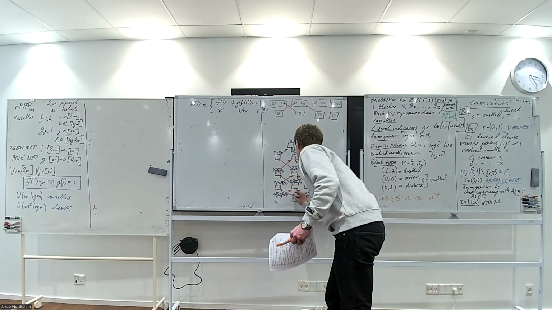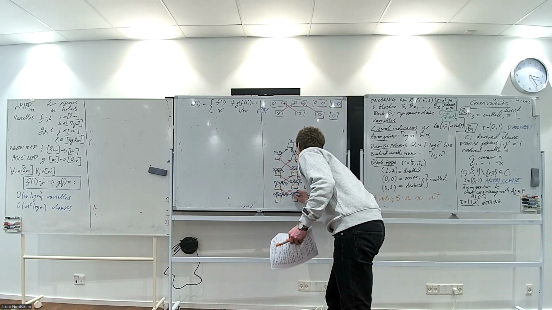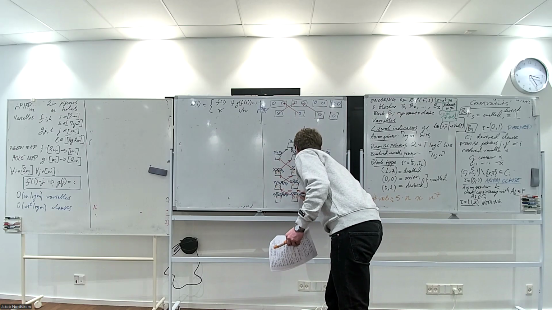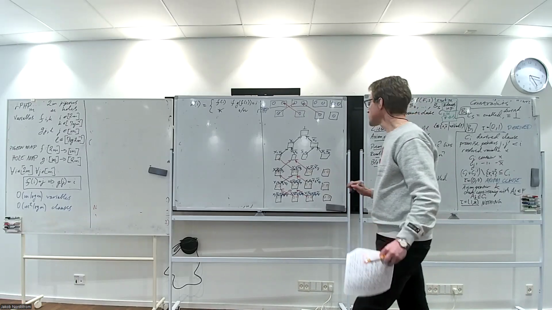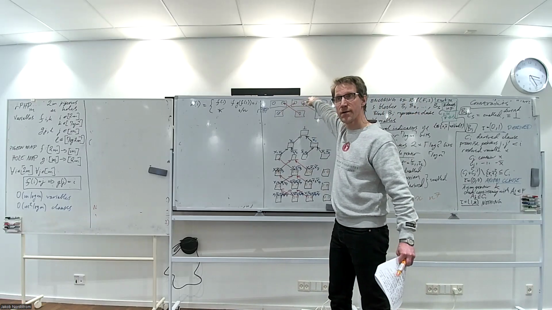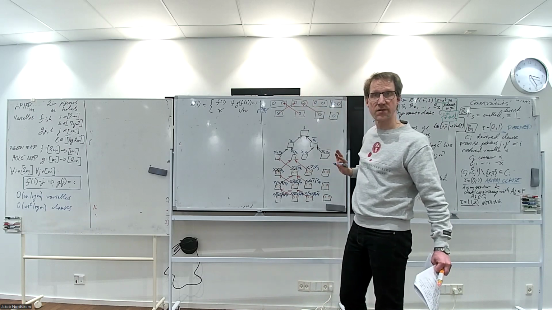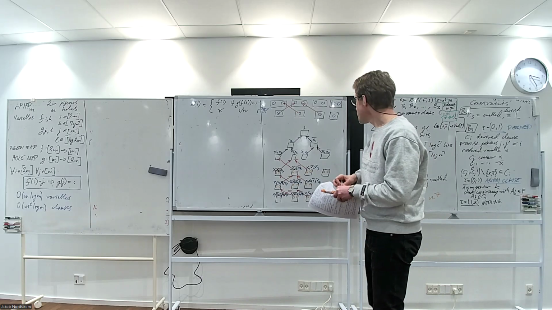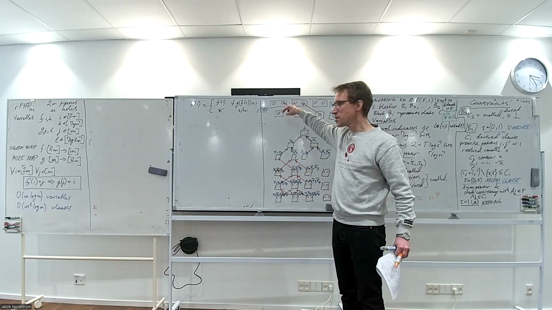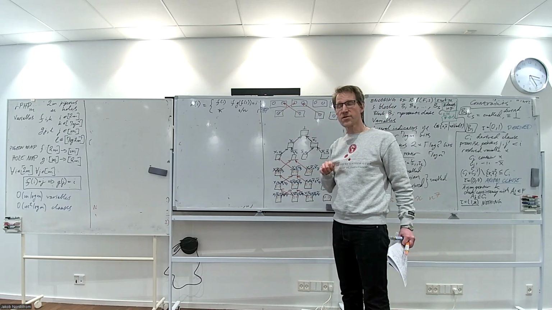And this one has to be x1, x2, not x3, x4, not x5. Supposing that this is the fixed assignment. But the point is, how will I figure out these arrows? I'm going to query the variables of RPHP.